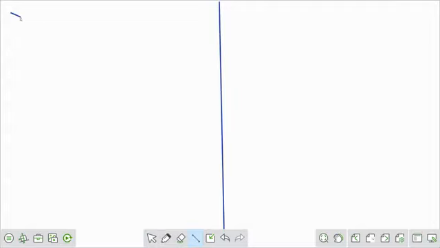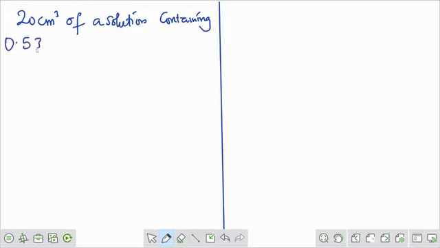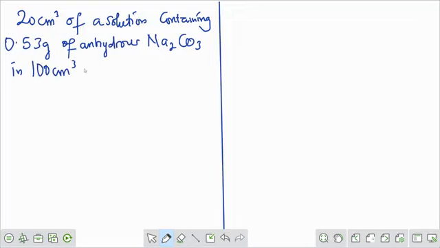So they say 20 cm cube of a solution containing 0.53 gram of anhydrous Na2CO3 in 100 cm cube requires 25 cm cube of H2SO4 for complete neutralization.